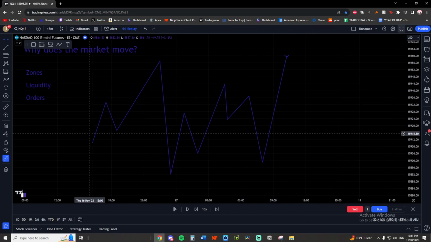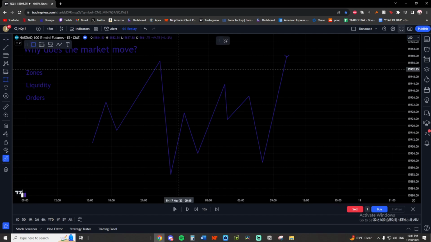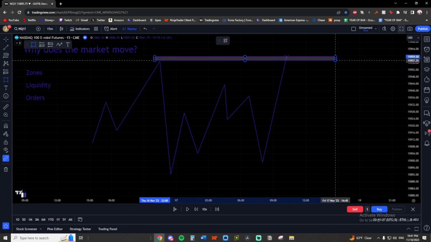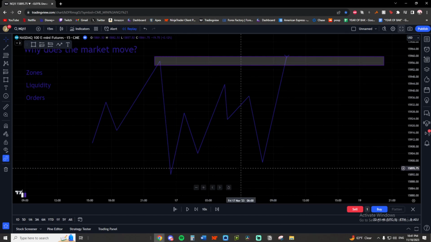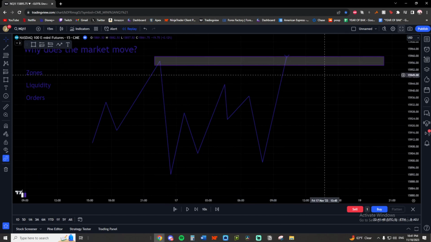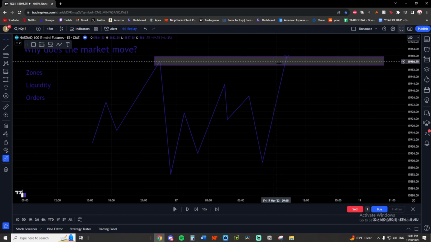So see how here we have a zone, right? Price entering this zone. There's leftover orders here because the move was so big. So we're gonna target sells here, go up into that zone, tag into liquidity.